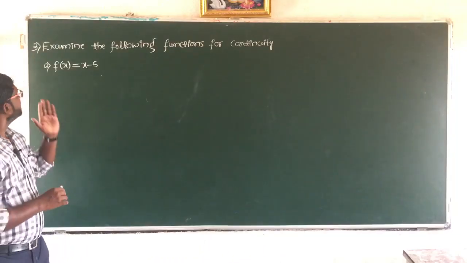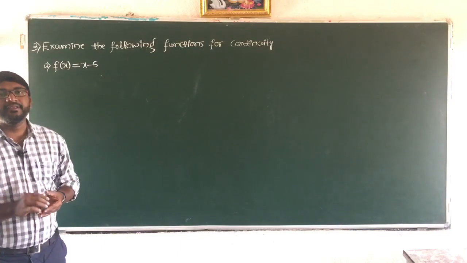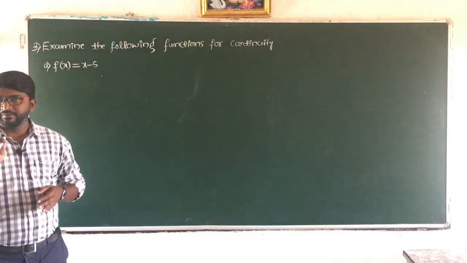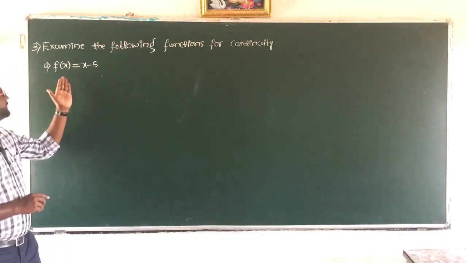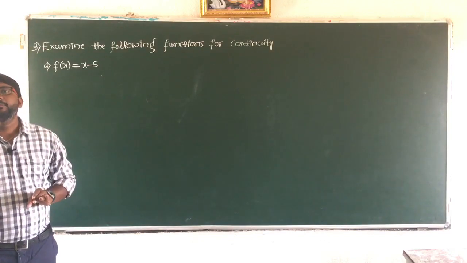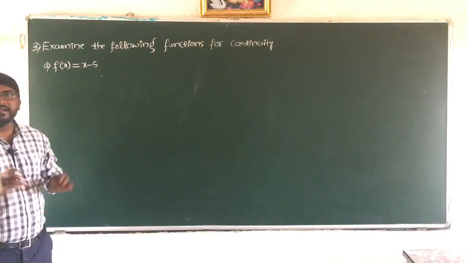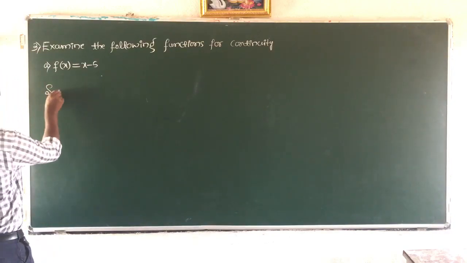Well, so let us solve the third main question. Examine the following functions for continuity. In the third main we have 4 sub questions. In that I have taken the first one, f of x equal to x minus 5. Here he has not given any particular point, so I take x equal to c.